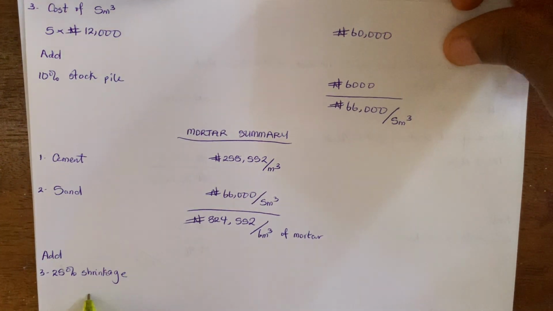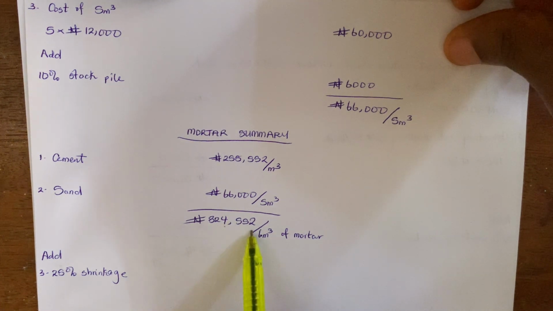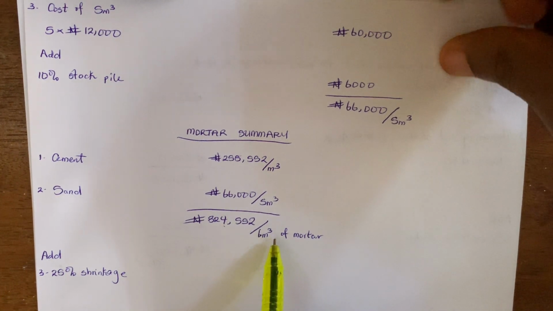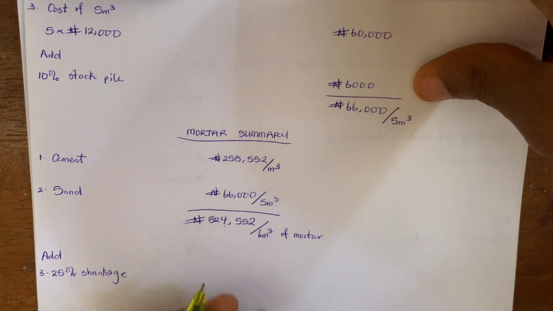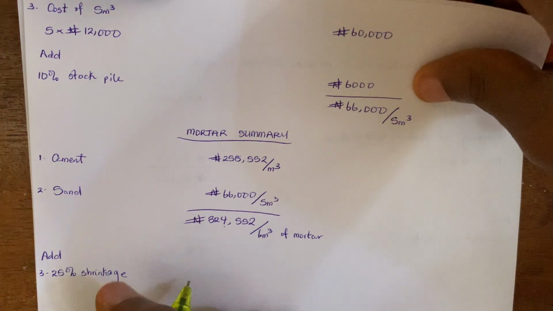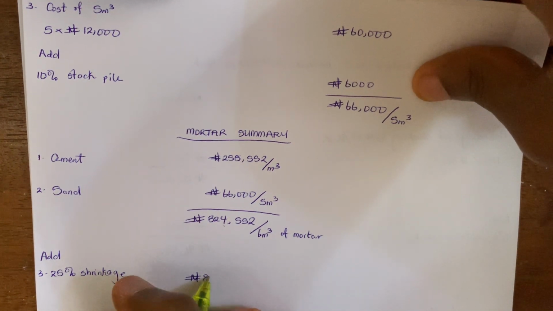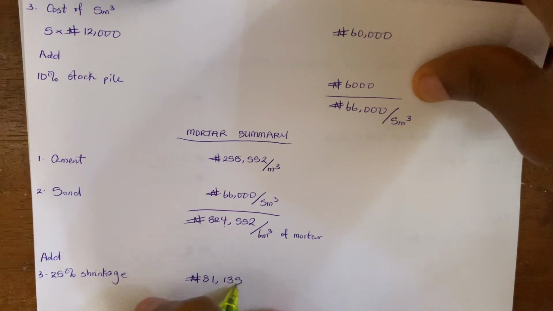So 25% of the cost for 6 meter cube of mortar is equal to 81,138 naira.